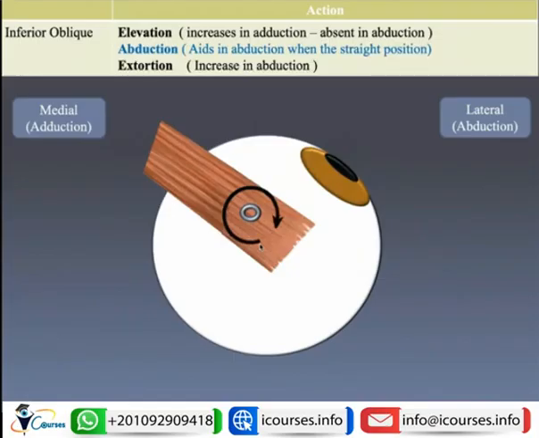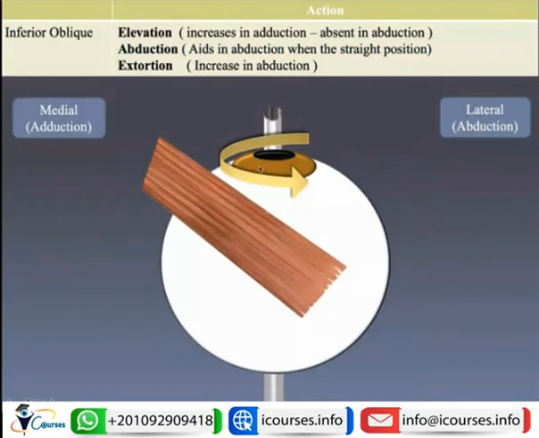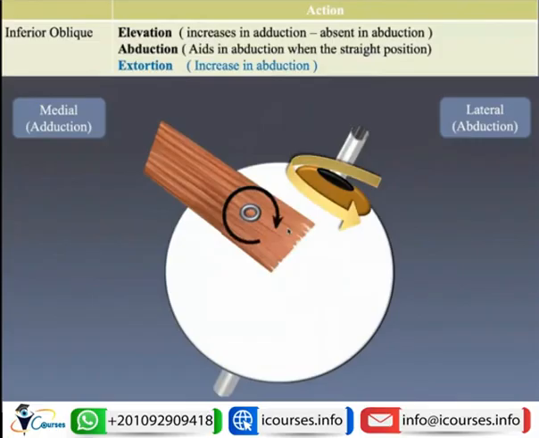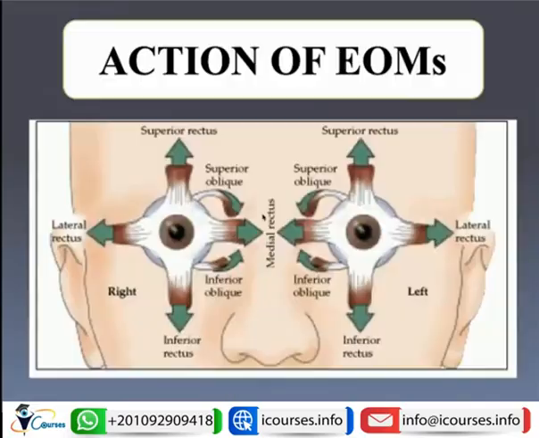So it will aid in abduction when the eye is in straight position, and it can cause excyclotorsion. So it can rotate the eye, or roll the eyeball outward away from the nose. This excyclotorsion will increase in abduction when combining the rotation action of the muscle with its abducting action. So this is the action of the inferior oblique.